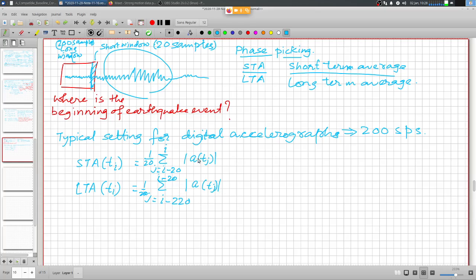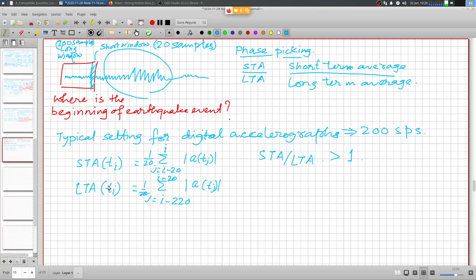Right, so these are the sample data. Once we do this, the STA by LTA ratio, the moment it increases beyond 1, if there is no record, then obviously the STA by LTA ratio will be close to 1.